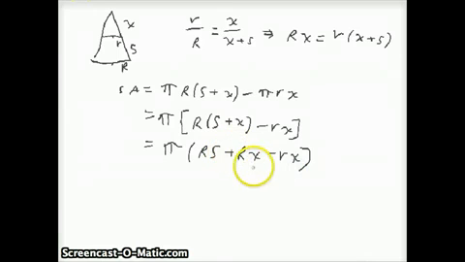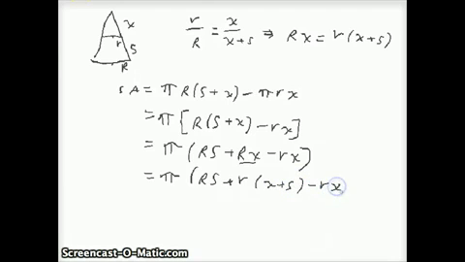Here's where the substitution can happen. This capital R x can be replaced with lowercase r times x plus s, minus r x.